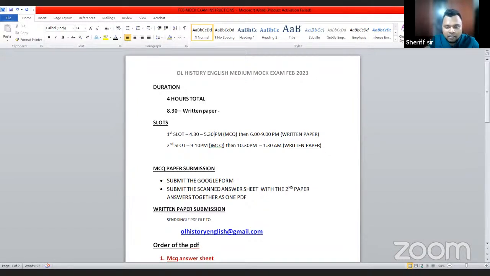Then you'll sit for the next exam at 6 o'clock in the evening and continue until 9 o'clock. If you want 10 minutes extra, no problem, take that reading time, but make sure you watch the clock and work according to the timing. This is really important, because in the exam, timing is very crucial.